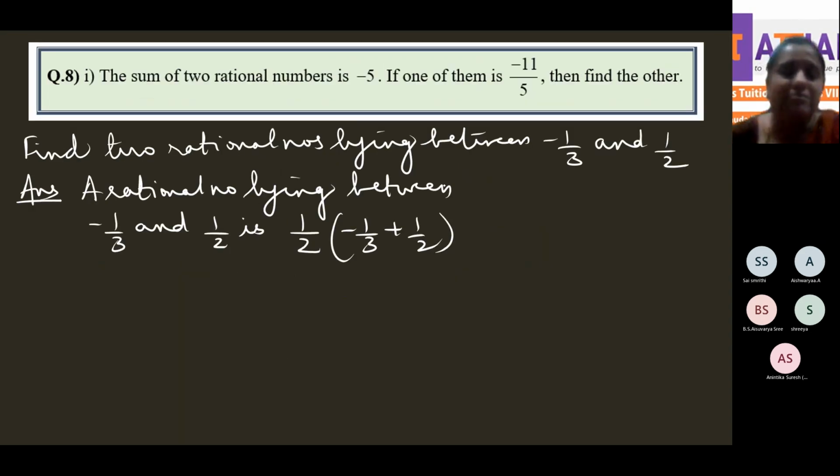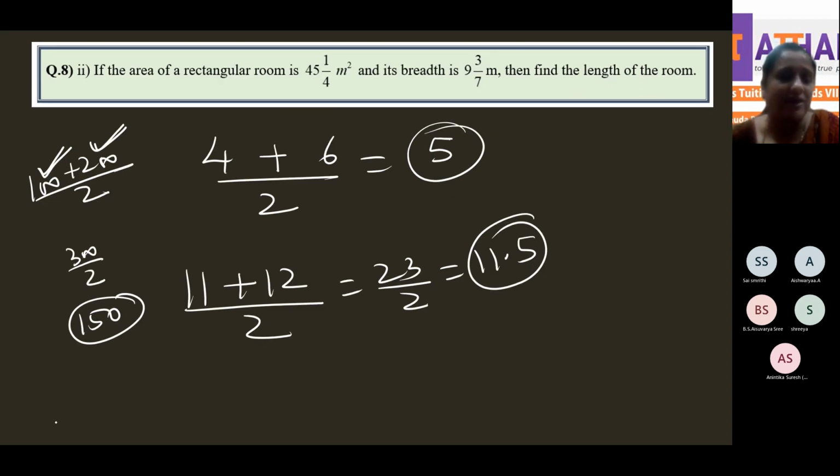A rational number lying between -1/3 and 1/2 is half of their sum. See, by 2, 1/2 meaning dividing by 2. Let me clarify that also. Now see, children, when I write 10 divided by 2, it means 10 into 1/2, right?